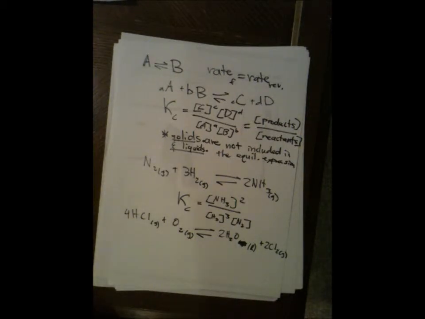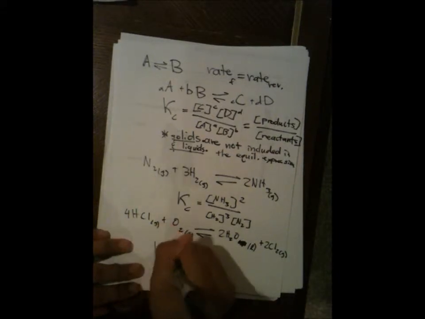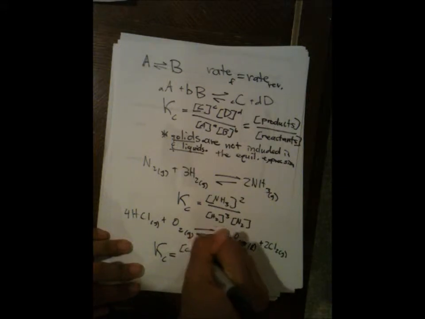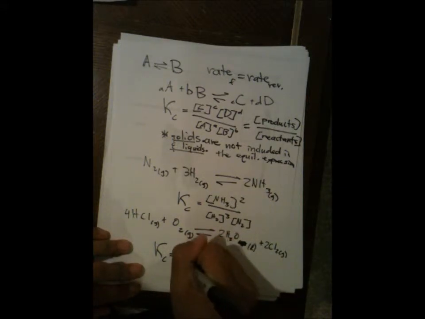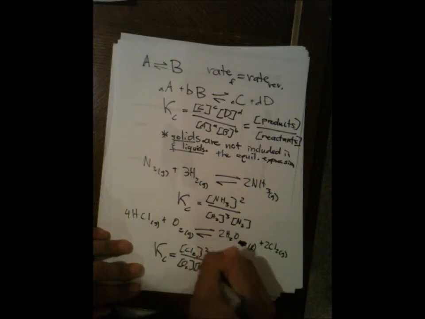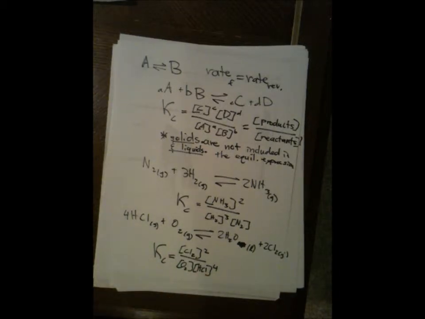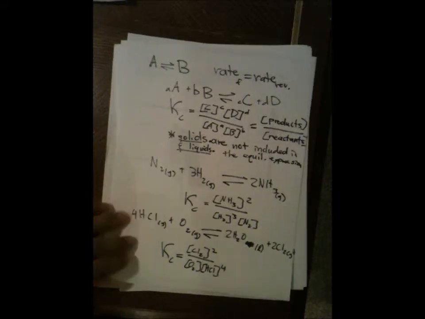So the liquid is not going to be included in the equilibrium expression, and it's just going to be Kc equals Cl2 squared over O2 times HCl to the fourth power. Or O2 is not squared, sorry. HCl to the fourth power. Okay, so that's pretty basic, simple to start off.